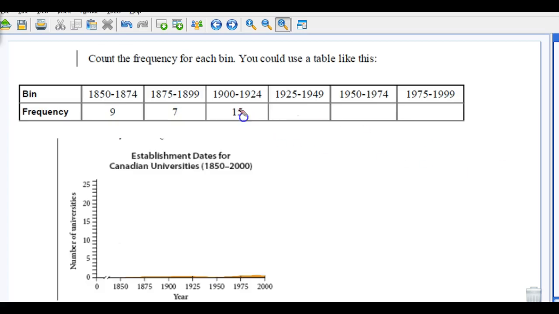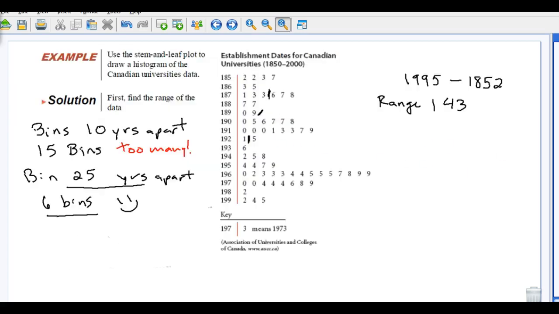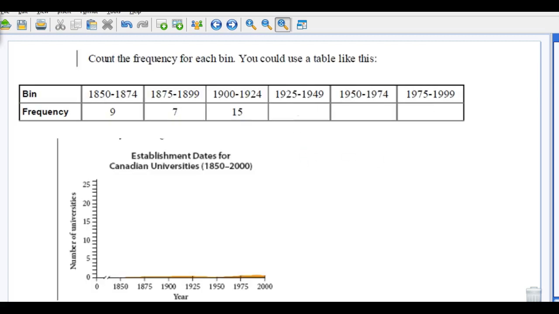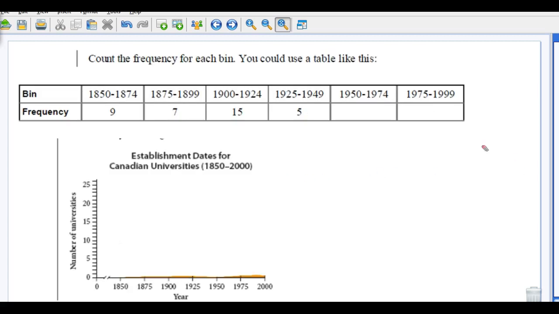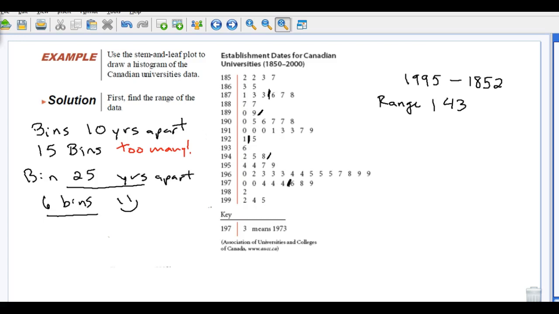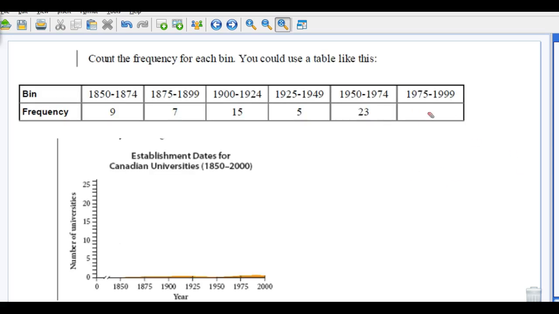So we've got 15 in this area. Then from 25 to 49, that ends here. 1, 2, 3, 4, 5. There were 5 in there. Then we keep counting, and for 50 to 74, if we count all those up, we get 23. And the last one is 1, 2, 3, 4, 5, 6, 7. So we have 7 for the last one.